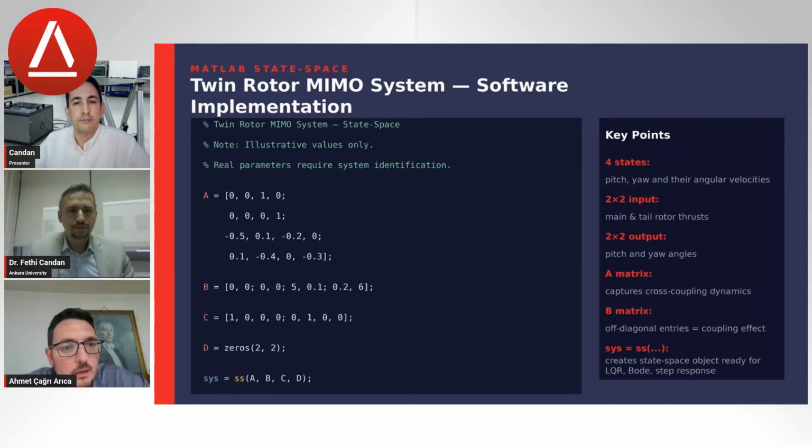There are normally four states in this system, so we give four-row and four-column matrices, and there are two inputs. We want to control the two axes, pitch and yaw, and their angular velocities.